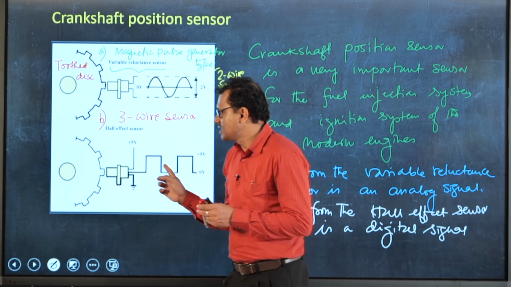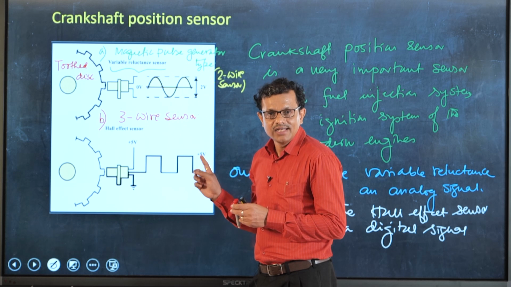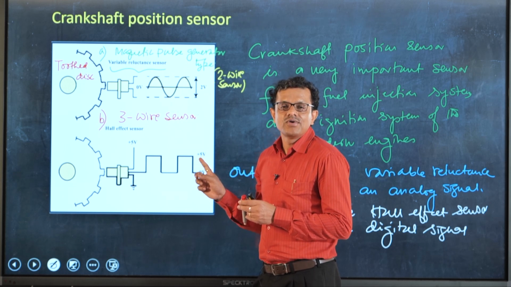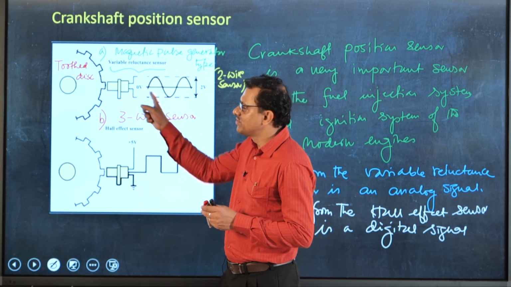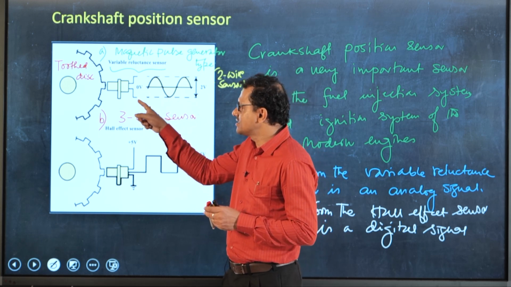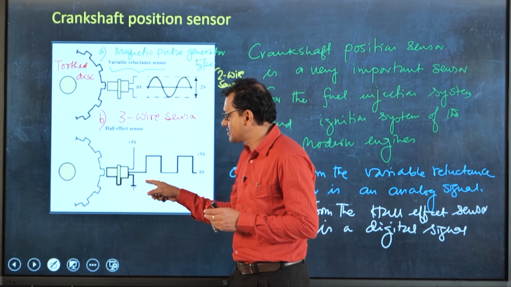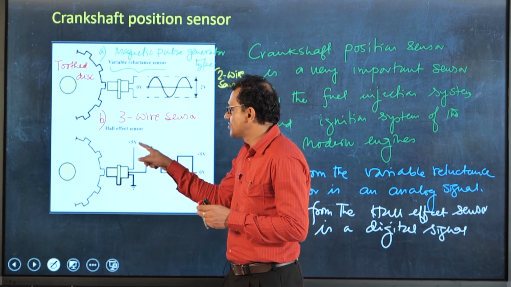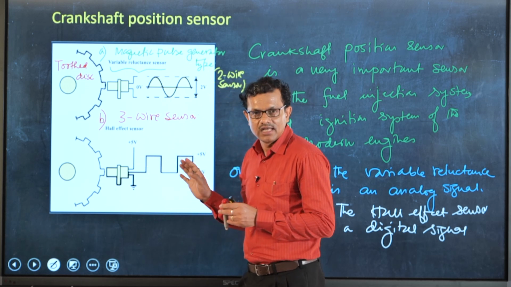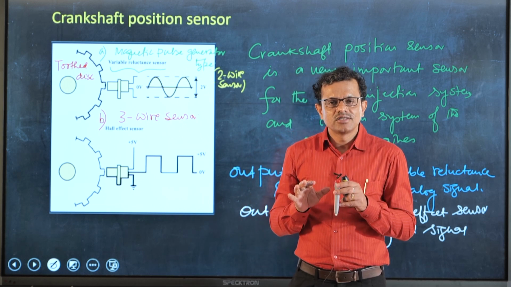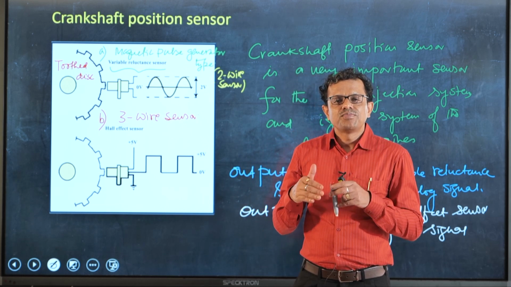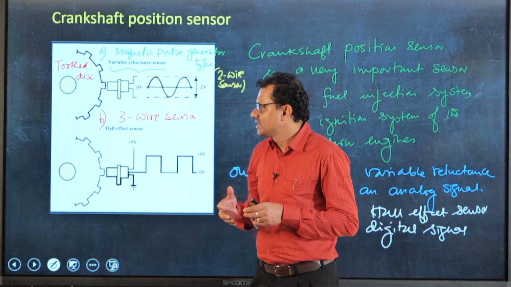Now, we can see 3 wires in this particular type of sensor, and for this sensor, that is the Hall effect sensor, we need an external voltage supply or external voltage source, unlike the 2-wire sensor. For the 2-wire sensor, there is no need of having this external voltage source, but for the Hall effect sensor we need this. As I said, this sensor works following a purely non-contacting method.